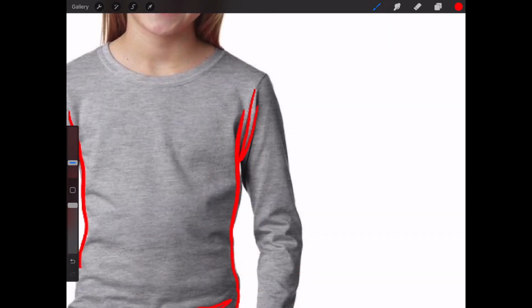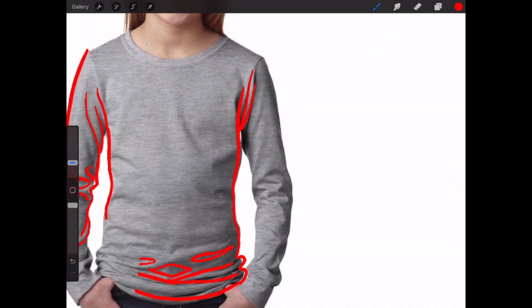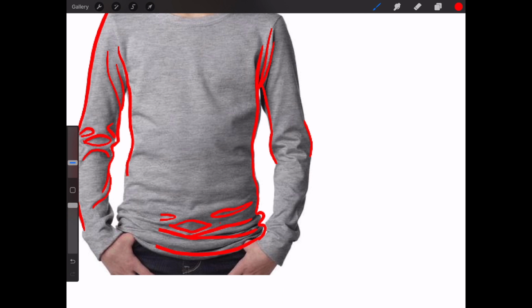Half block folds at the underarm, very prominent. The fabric's bowing out a little bit around the elbow. Again, this arm isn't very bent, so we've got these leftover compression folds here from when it was bent. And then here we have the fabric ballooning out just above the cuff.